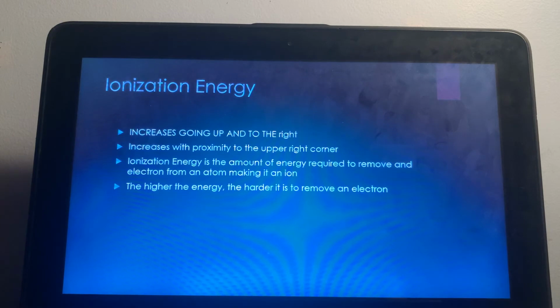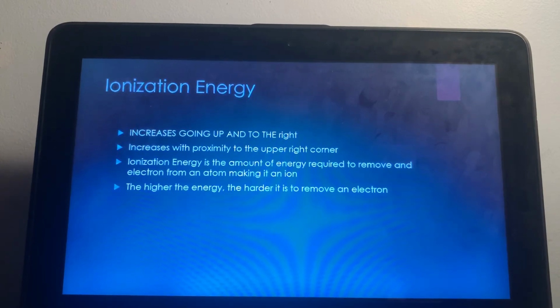Just remember, noble gases don't have most of these because noble gases aren't reactive at all. So, if you look at what a reaction actually is, when you transfer electrons, noble gases are already stable, and they won't involve electron transfers and thus will not be reactive at all. These increase going up and to the right or increase with proximity to the upper right corner.